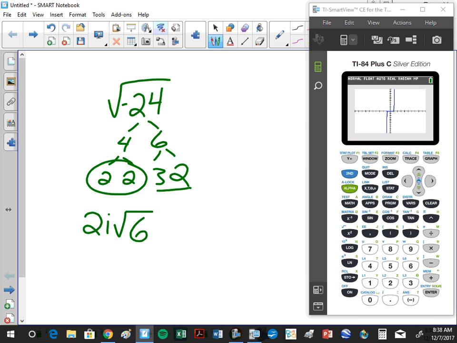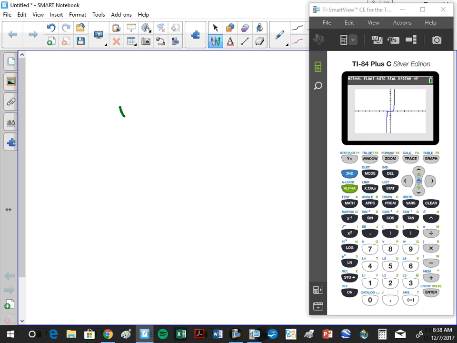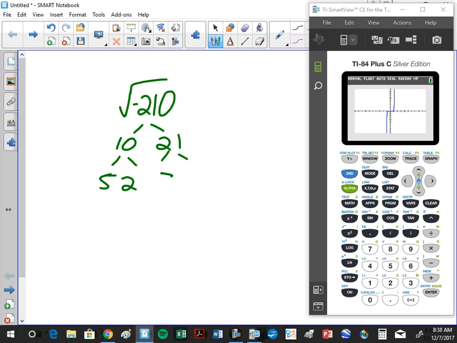Okay? All right, what about the square root of negative 210. What goes into 210? 10 and 21, 5 and 2, 3 and 7. What can I bring out?